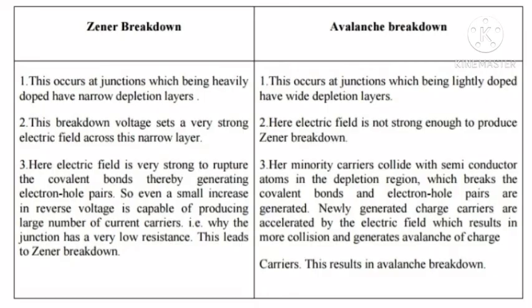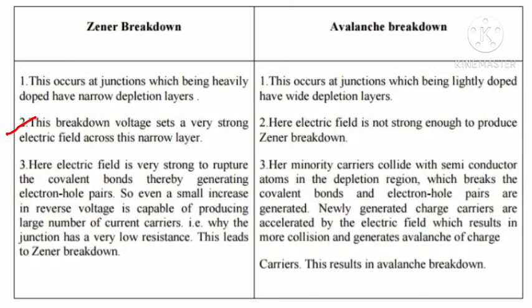Let us see some other differences. Here you can see the first point on the left side. The Zener breakdown occurs at junctions which, being heavily doped, have narrow depletion layers, whereas the avalanche breakdown occurs at junctions which, being lightly doped, have wider depletion layers.